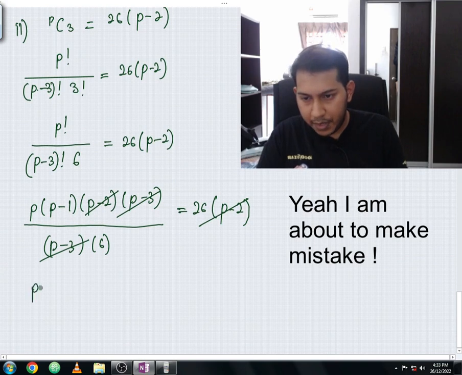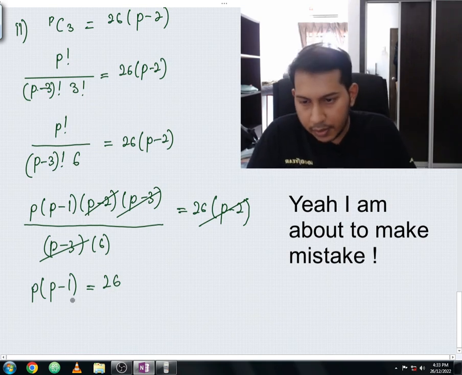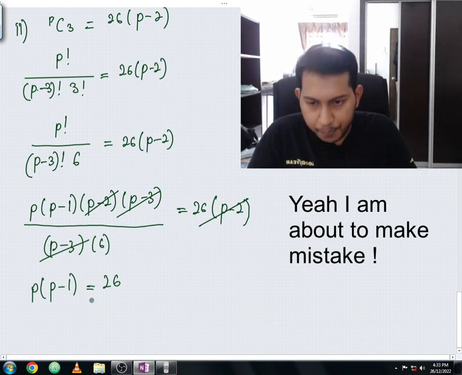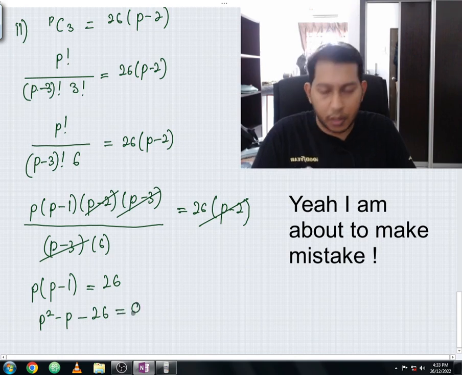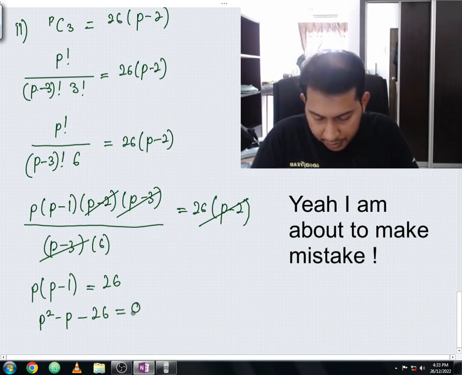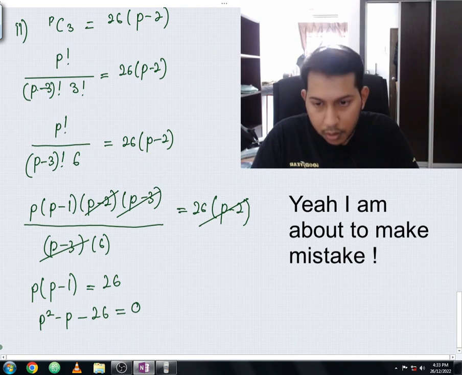Okay, p(p - 1) equals to 26. So we can actually form a quadratic equation. So from here, expand the bracket. So p squared minus p minus 26 equals to 0. So let us perform the factorization. But before that, yes, I've made a blunder.